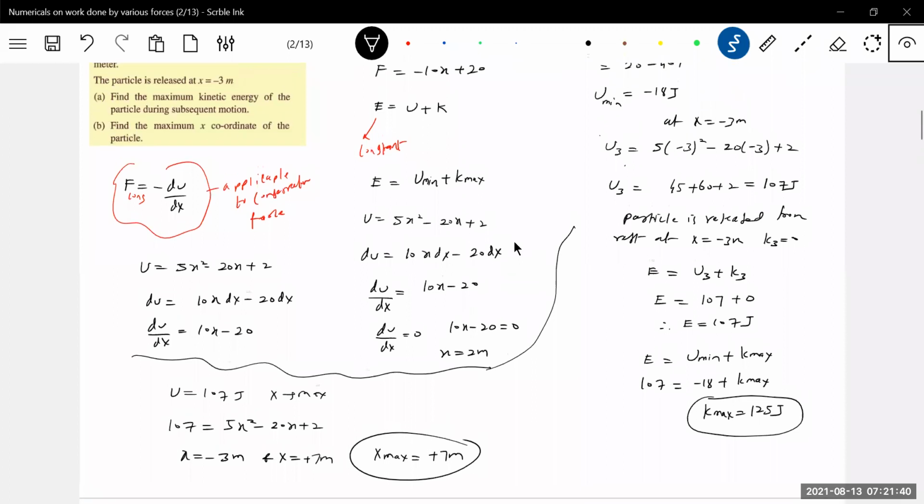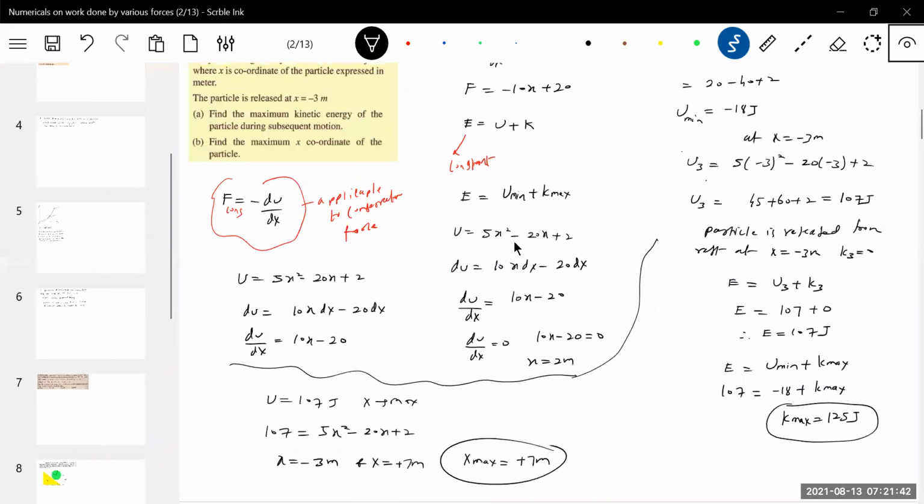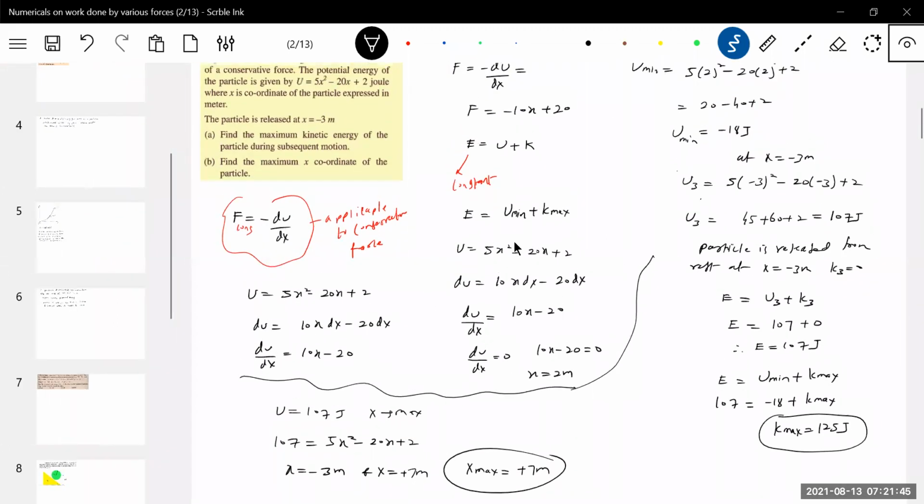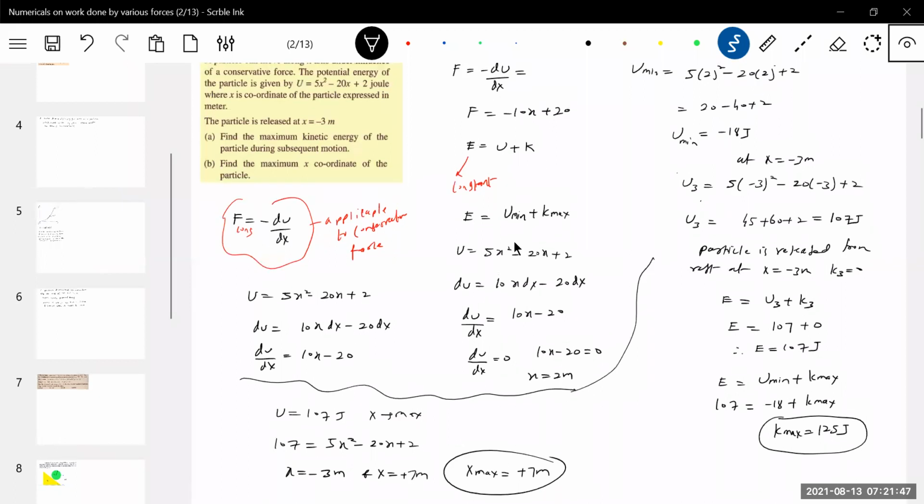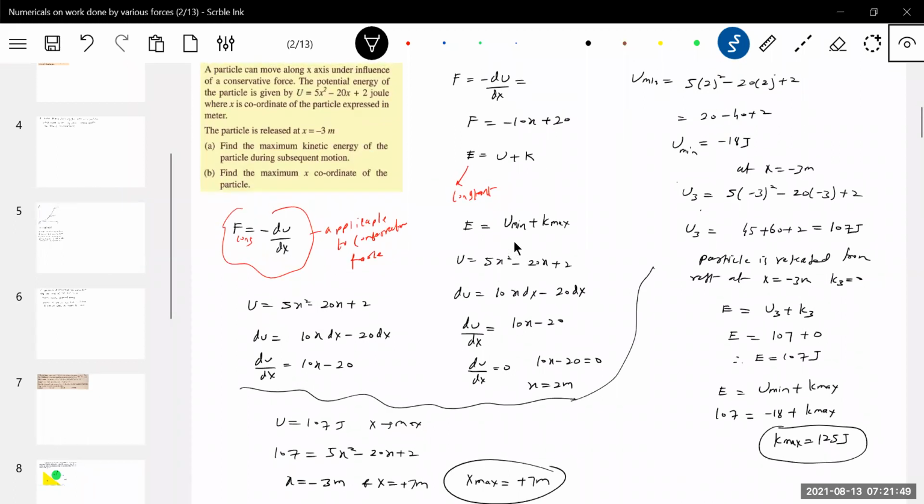So we are not really understanding what you are doing. For a conservative field, total mechanical energy is equal to the sum of potential plus kinetic. Where potential energy is minimum, kinetic energy should be maximum. Where kinetic energy is minimum, potential energy is maximum. Then what does the maximum x coordinate mean? It is where the particle will come to rest.